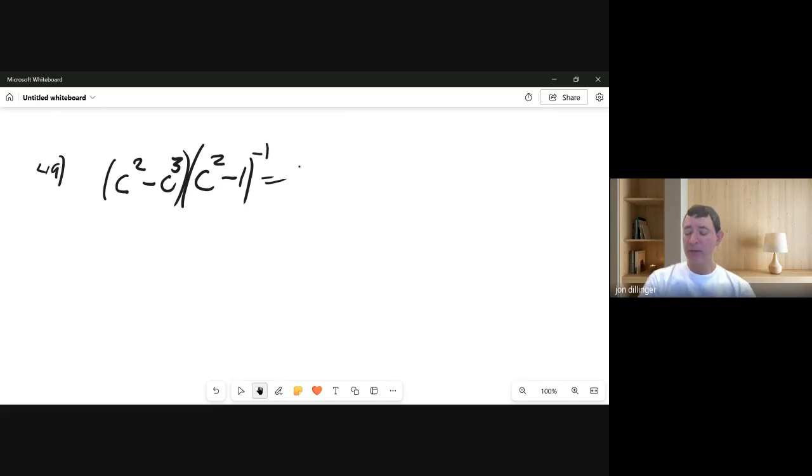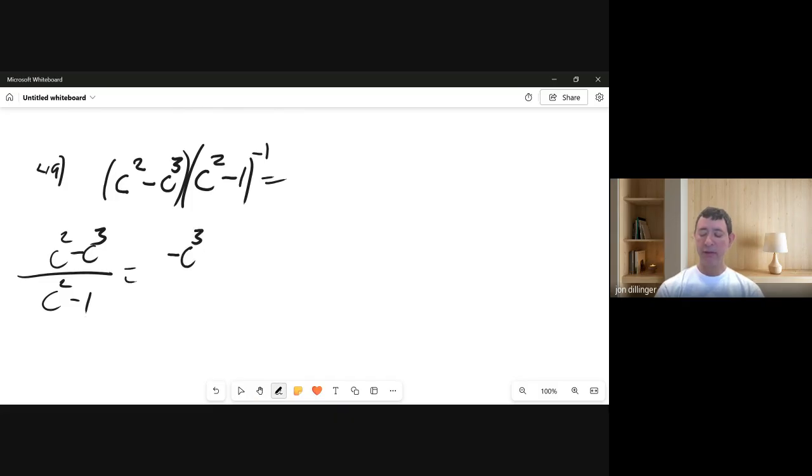Okay, so this is equivalent to c squared minus c to the third over c squared minus 1. All right, so this becomes negative c to the third plus c squared over c squared minus 1.